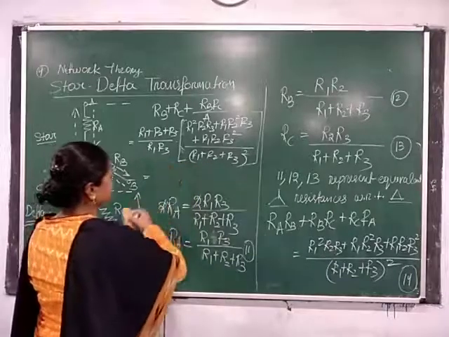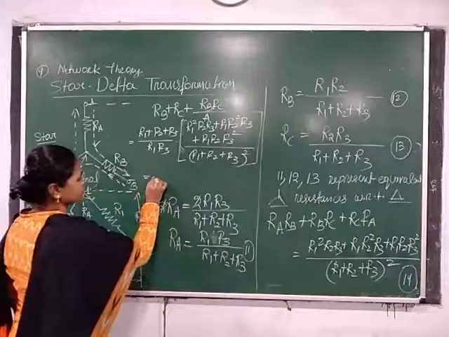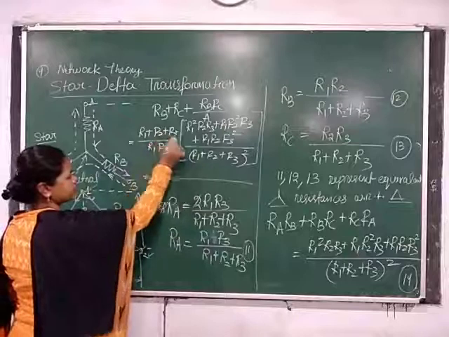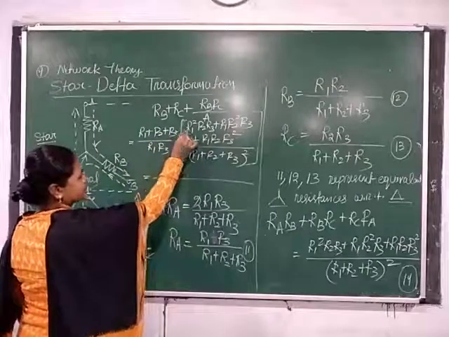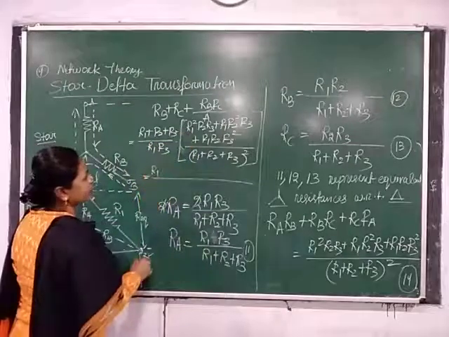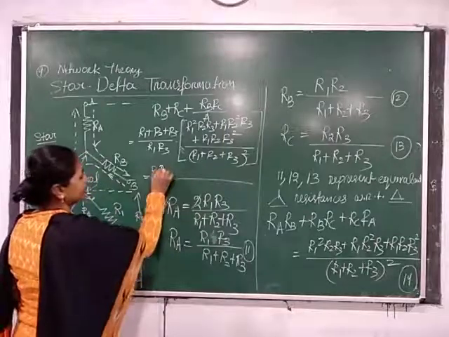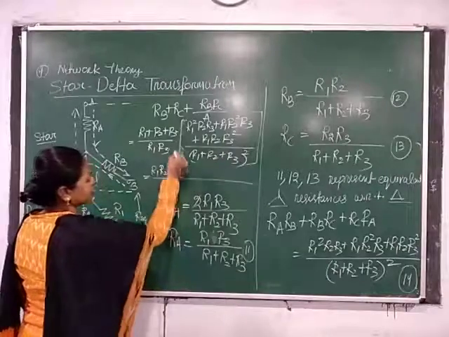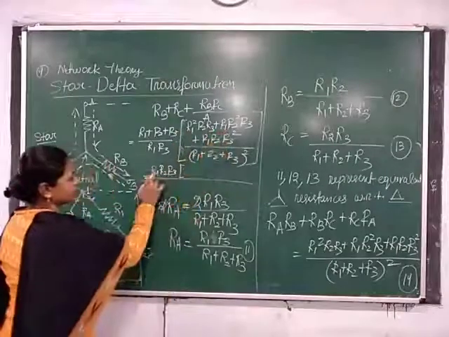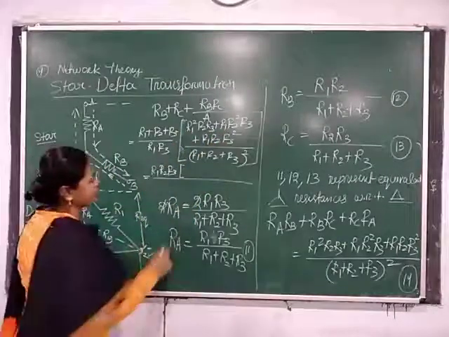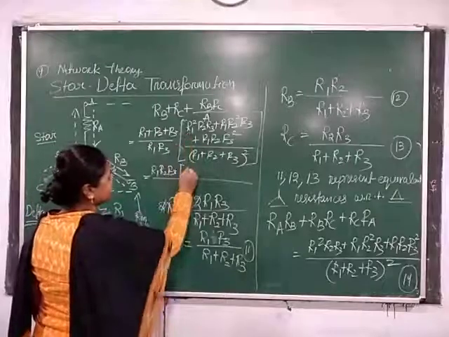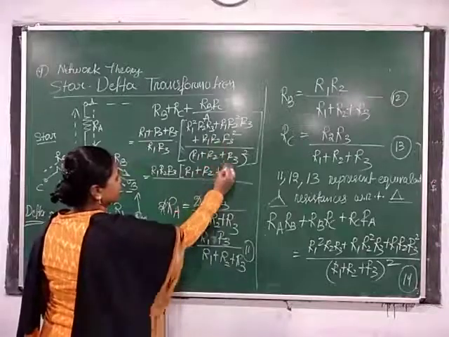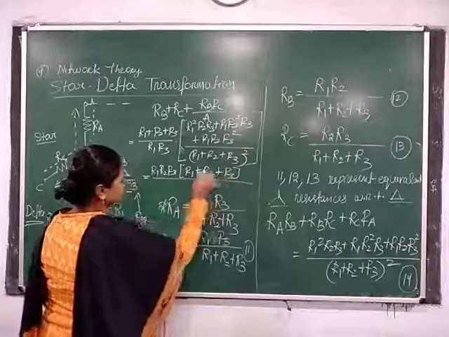I explain this step again. See, R1 plus R2 plus R3 here it is cancelled out, and from these three terms I take R1 R2 R3 common. So here R1, here R2, and the rest element is R3.